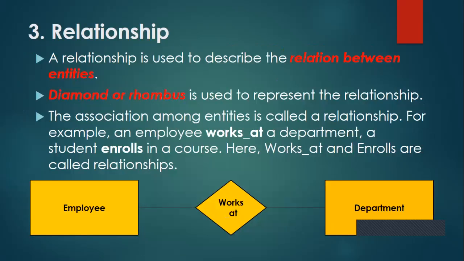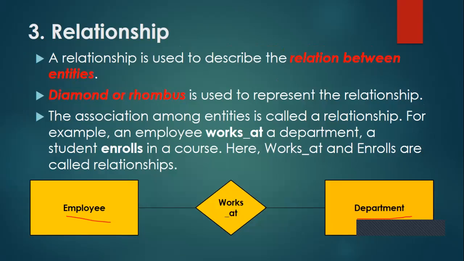Next is relationship. When I explained entity, I said a bit about relationship, so I'll go into detail on what a relationship actually is. A relationship is nothing but a relation between two entities. Suppose you have an employee and a department. What is the relationship between employee and department? Employee works at or works in a department.